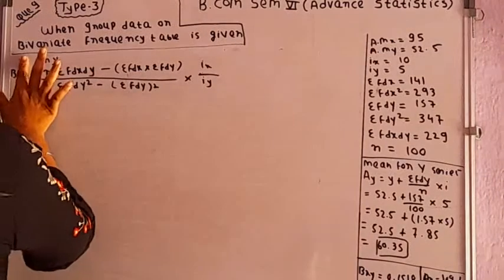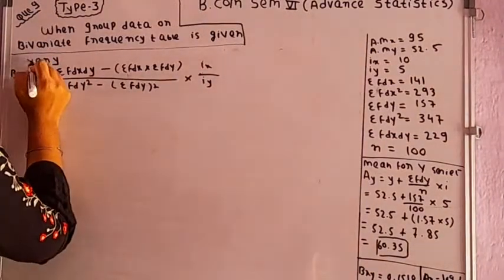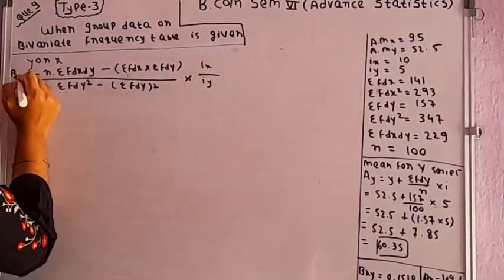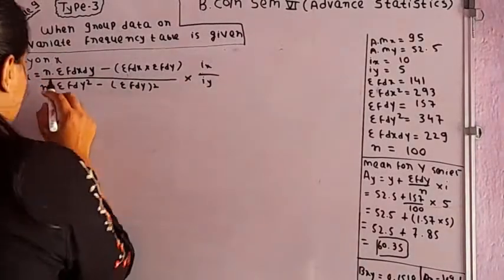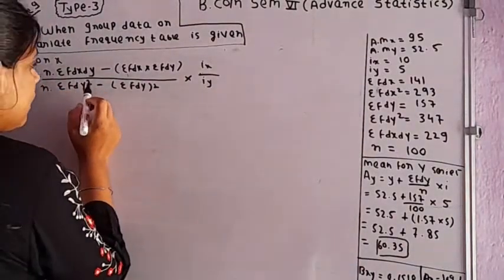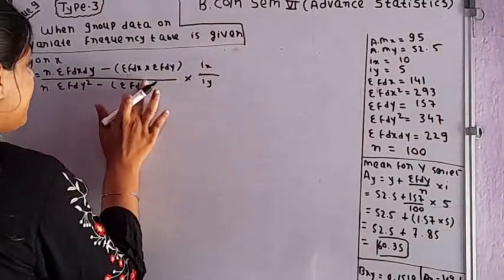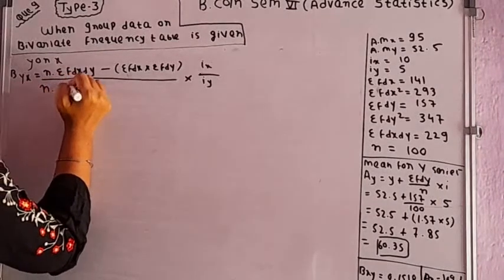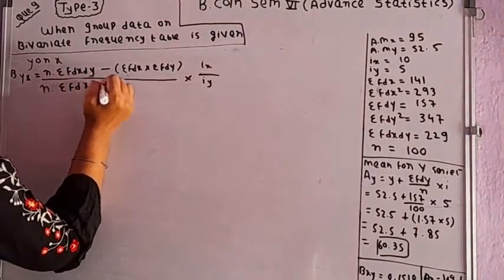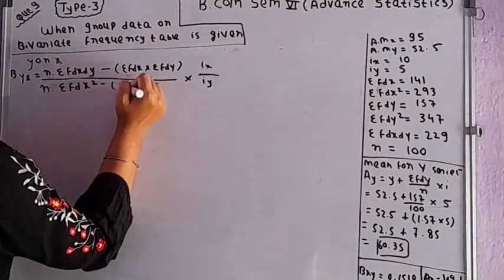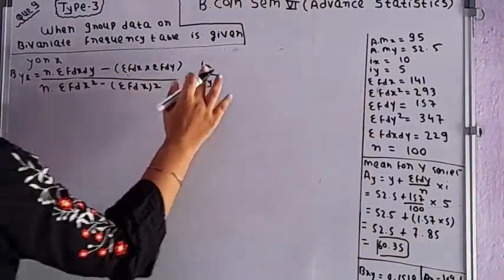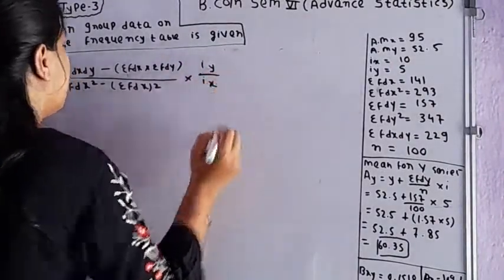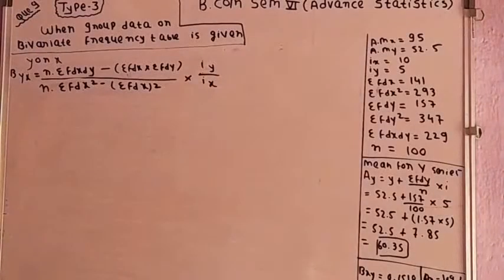For this we use the formula byx equals n times summation f dx dy minus summation f dx times summation f dy, upon n times summation f dx square minus summation f dx whole square, into interval of y upon interval of x. Why? Because we are computing it for y on x.